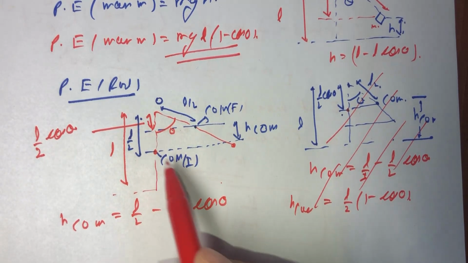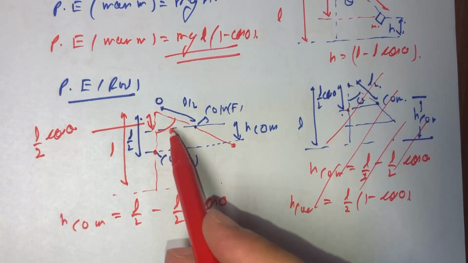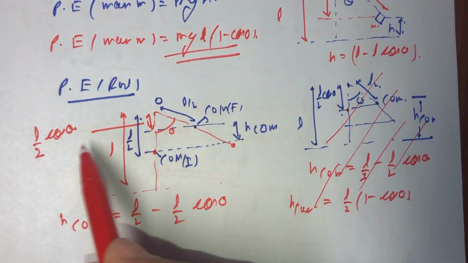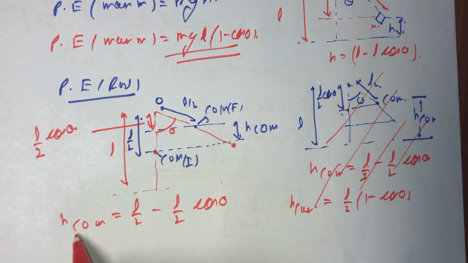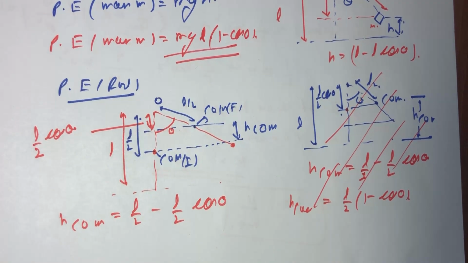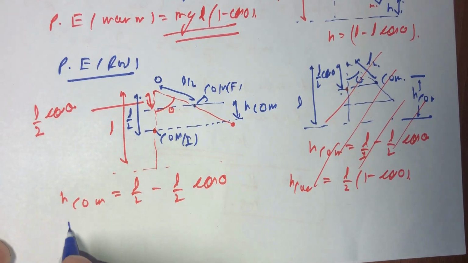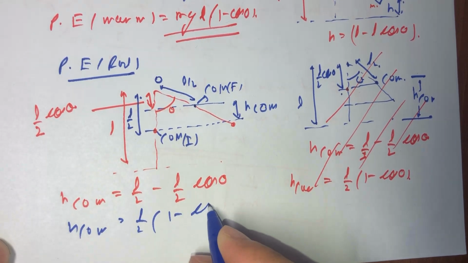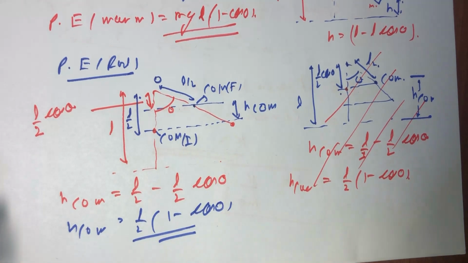So the total initial height of the center of mass is L by 2, and the final vertical height is L by 2 cos of theta. So h COM, taking L by 2 as common, will be 1 minus cos of theta.